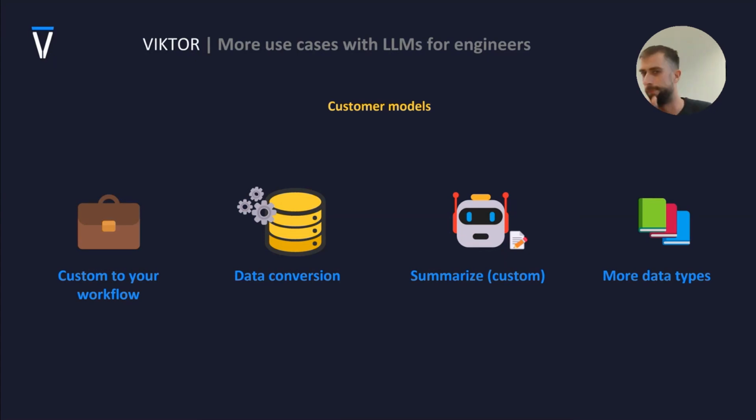So there are some more use cases you can think of as an engineer. In this case, the document search is quite simple. You just have your documents, you ask a question, you get your answer. But you can think that maybe in your project or tender, you are going through the same questions every time.